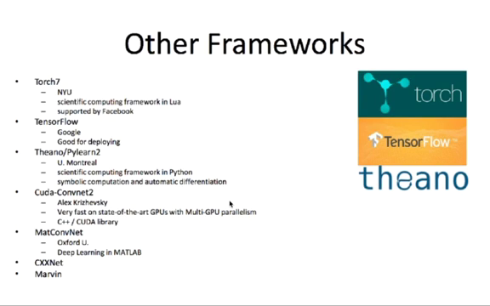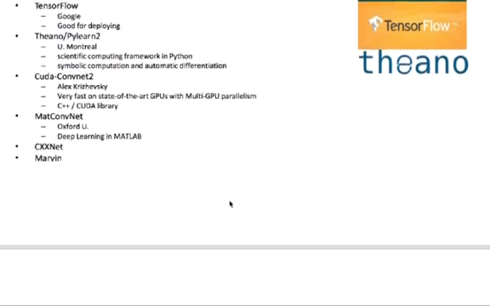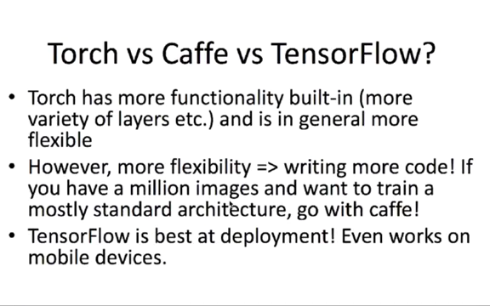So these frameworks are used for some particular task, whereas Caffe is basically used by scientists where a large amount of data needs to be processed in a convolutional neural network form.